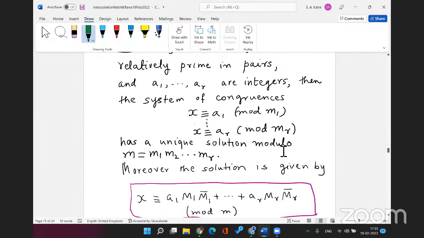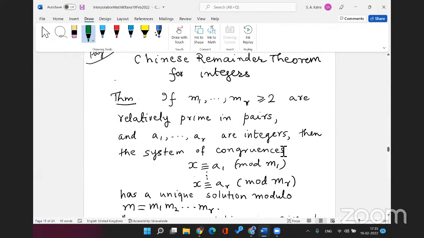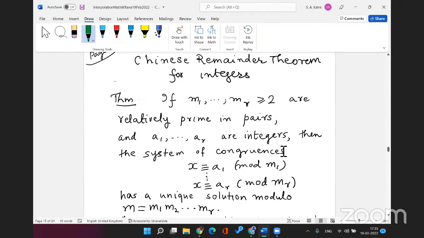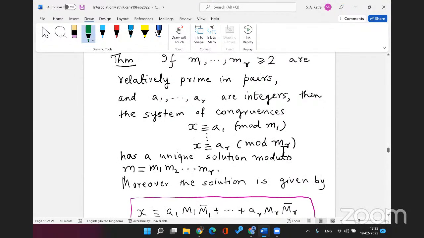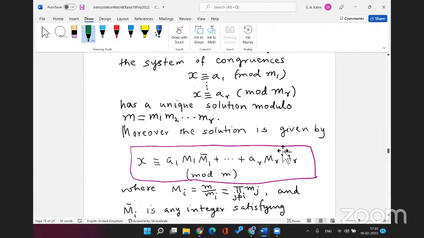And then the Chinese remainder theorem says that the answer is there whenever m1, m2, ..., mr are relatively prime in pairs. So m1 is coprime to m2, m2 is coprime to m3, m1 is coprime to m3, and so on. So any two mi and mj are relatively prime. Then there is a unique solution modulo m1 m2 ... mr. Moreover, you have a formula for the answer. x is congruent to a1 M1 M1 dash, plus etc., plus ar Mr Mr bar or dash, whatever you like.